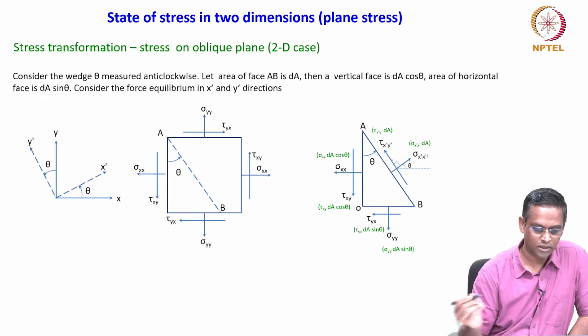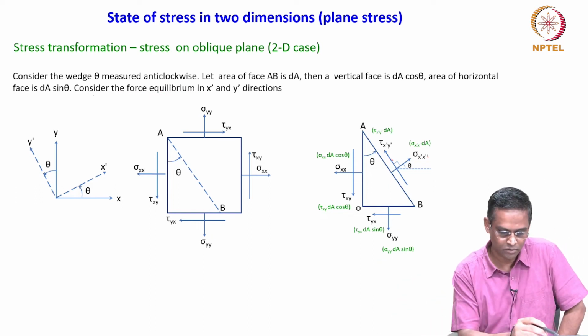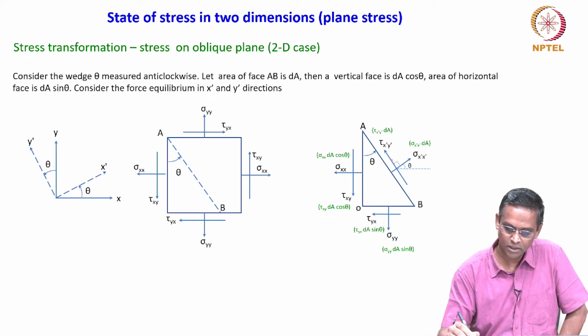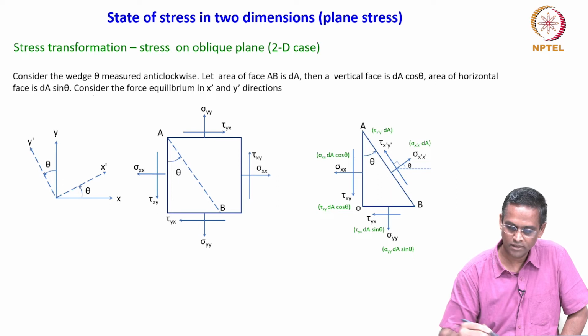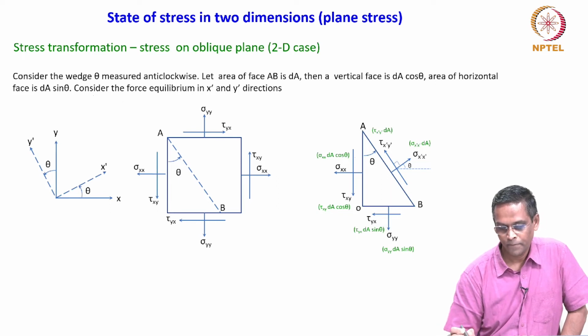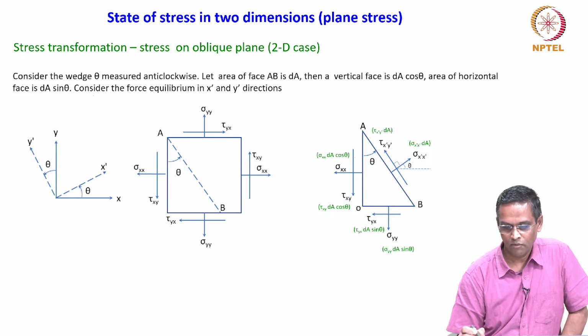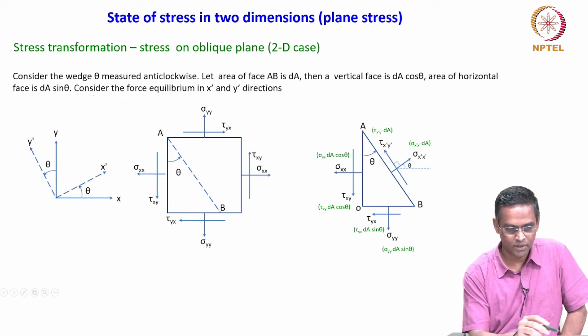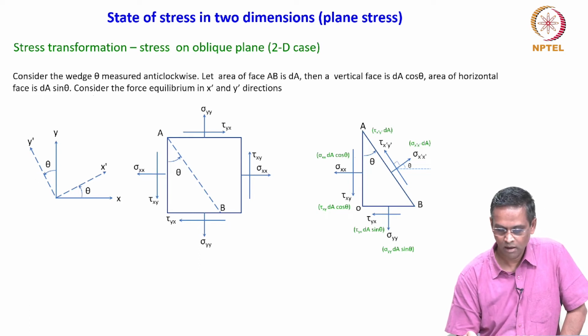So, we are going to look at the force equilibrium in this new orientation, and for that we are getting ready with this description. What we have described is dA cos theta, the area of the vertical portion, and dA sin theta, the area of the horizontal portion, OB and OA.